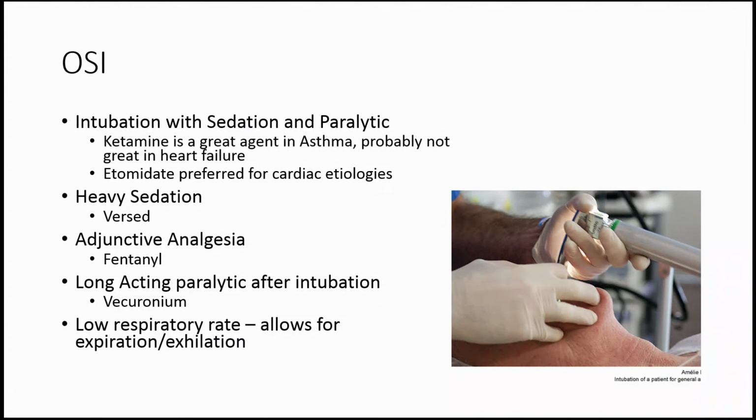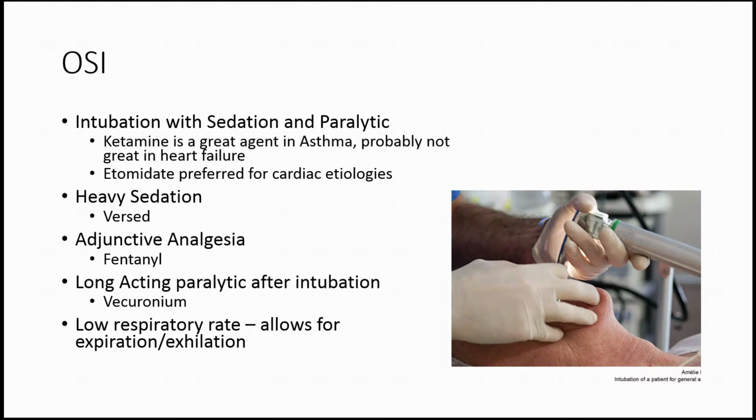When I intubate these people that fail, you want to use sedation and a paralytic, okay? This is someone who you want to use drug-facilitated intubation, okay? Ketamine is a great agent for asthma. It has a bronchodilator effect.